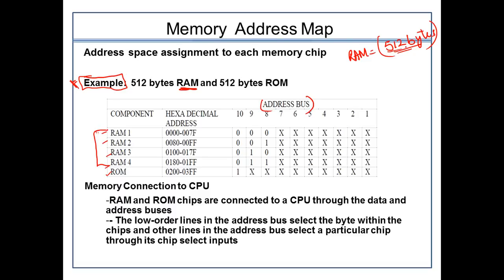If you simply divide this 512 by 4, how much are you going to achieve? You are going to achieve this. So if we are using RAM 1, 2, 3, and 4, then each is of this particular capacity.